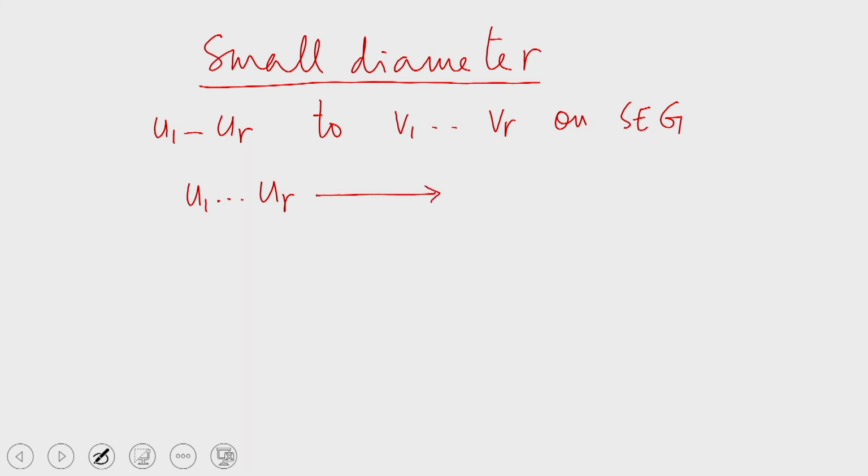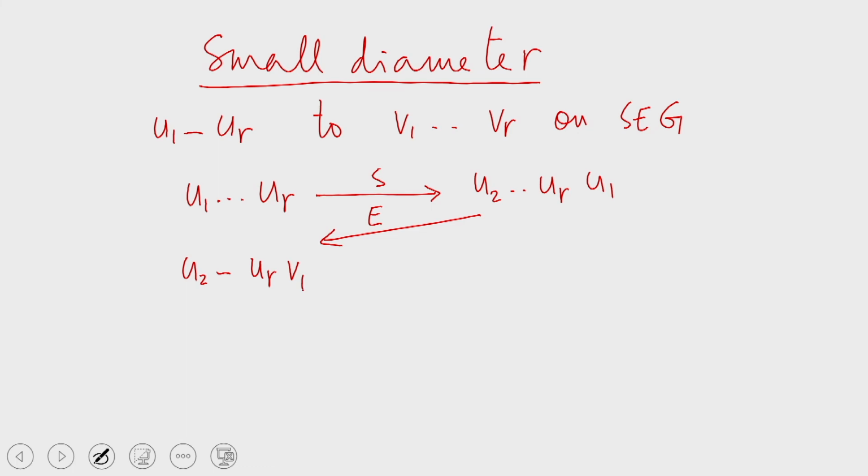Let us say we do a shuffle, which will take us to U2 through UR and U1. So, a shuffle edge will take us from U1 through UR to U2 through UR, U1, and then we take an exchange edge to go to U2 through UR, V1.